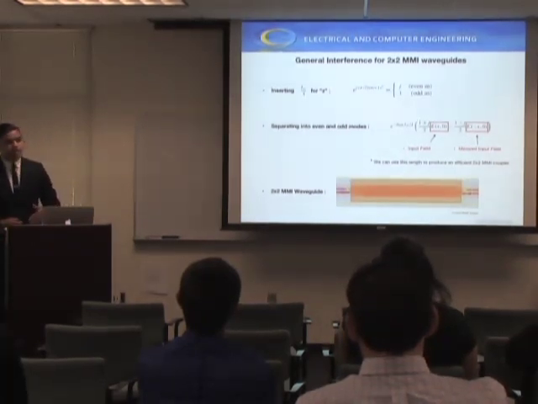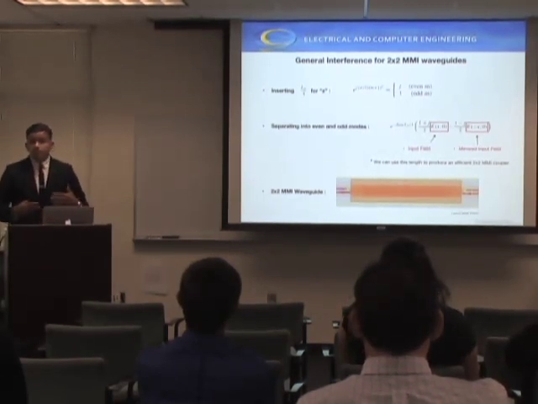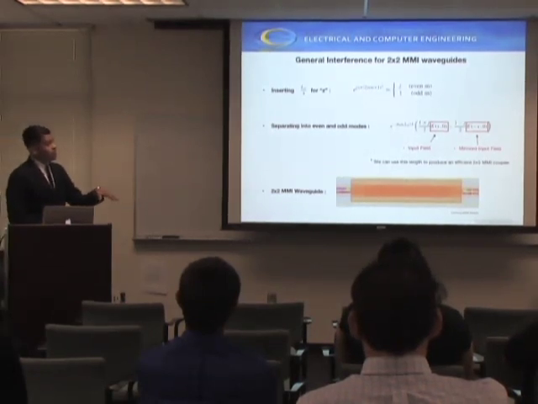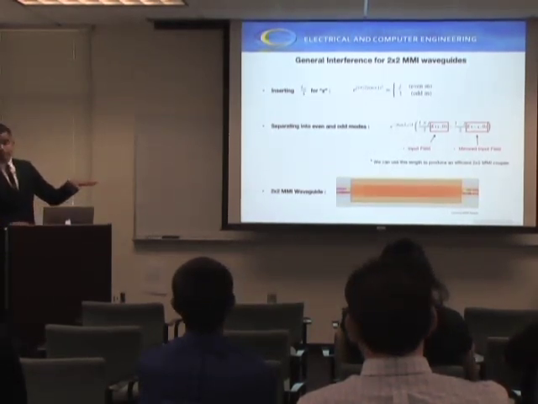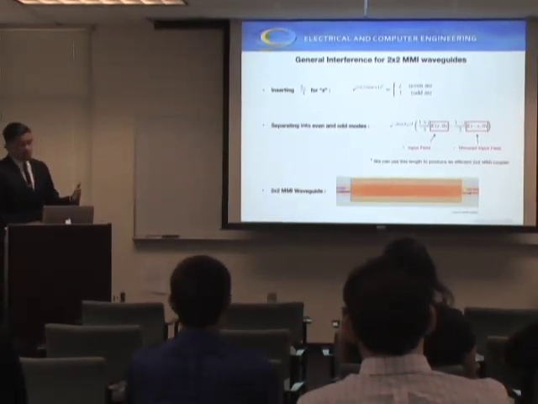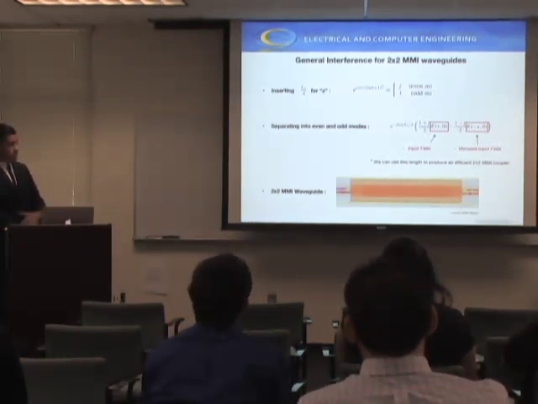We are getting a mirrored image of the input field along with the original input field. I have not included the shift in the phase factor here, just for simplicity. But we can use this distance as our distance for, let's say, a 2x2 MMI waveguide, which has 2 inputs and 2 outputs, to get the correct splitting that we require.